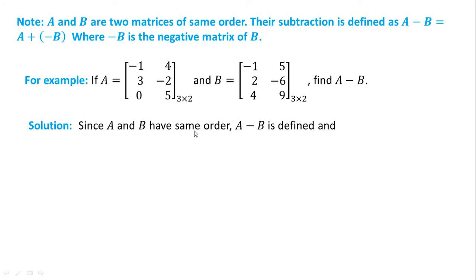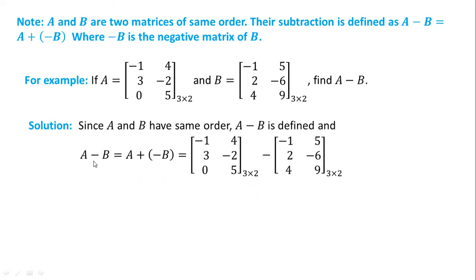Since A and B have the same order, A minus B is defined. A minus B is A plus of minus B, which means we just write the first matrix minus the second matrix. Subtract the corresponding elements.